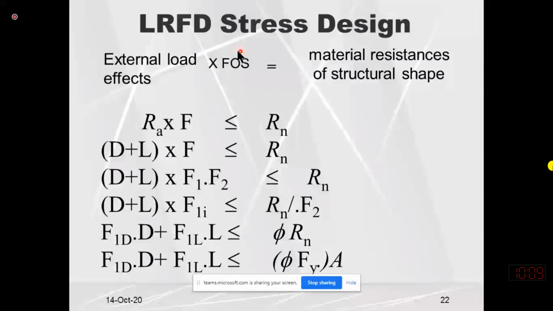In ASD, we bring the factor of safety to the right hand side, and we divide the resistance of a material by the factor of safety.